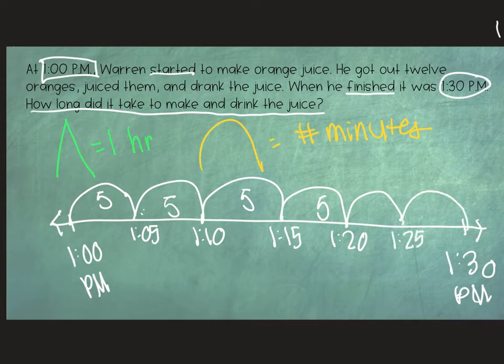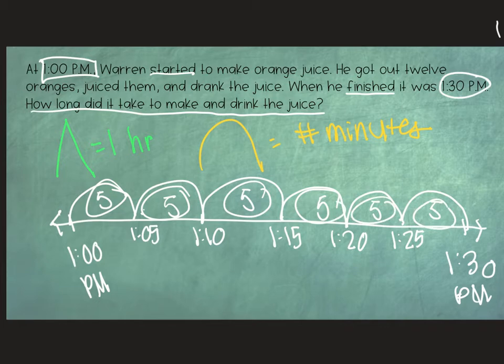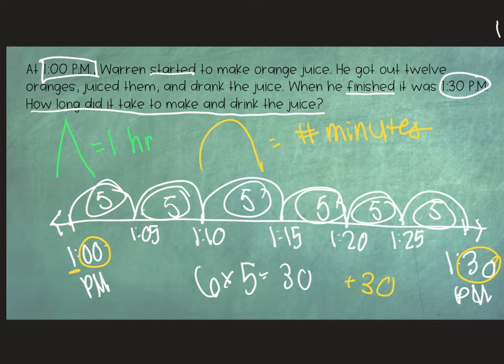And then finally, 5 more minutes, and that's 1:30. So then you can add them all up. You have 1, 2, 3, 4, 5, 6 sets of 5, so 6 times 5 is equal to 30. So it would be 30 minutes. Or again, you can just know that because the hour didn't change and you went from 0 to 30, all you did was add 30 minutes.